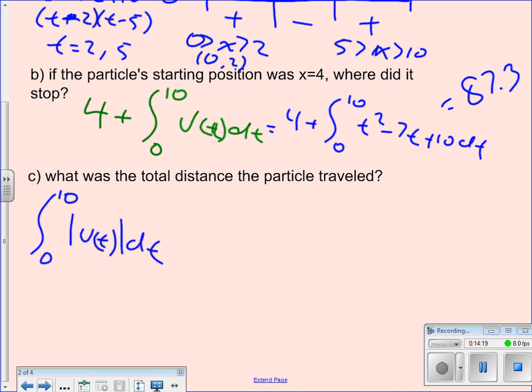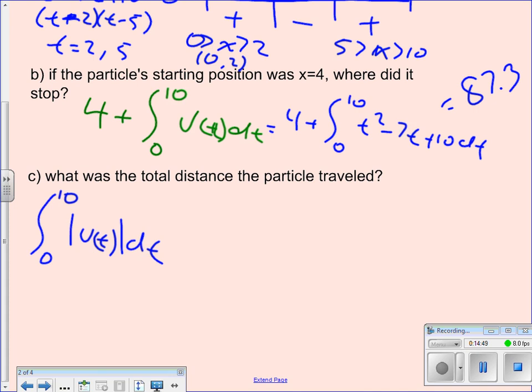So what do you do if you can't take the integral of the absolute value? Remember, you can't take the derivative of an absolute value either. What did we do if we had absolute value? You broke it into two equations, into piecewise, and took the derivative of each piece. You cannot integrate an absolute value by hand, except your calculator can do it.